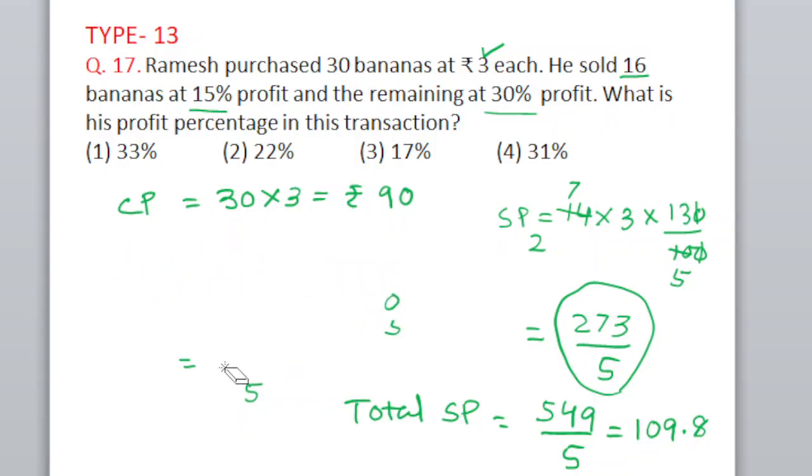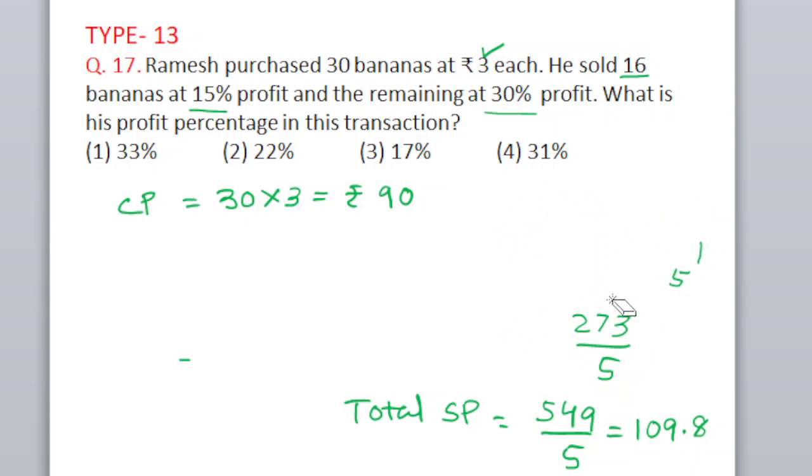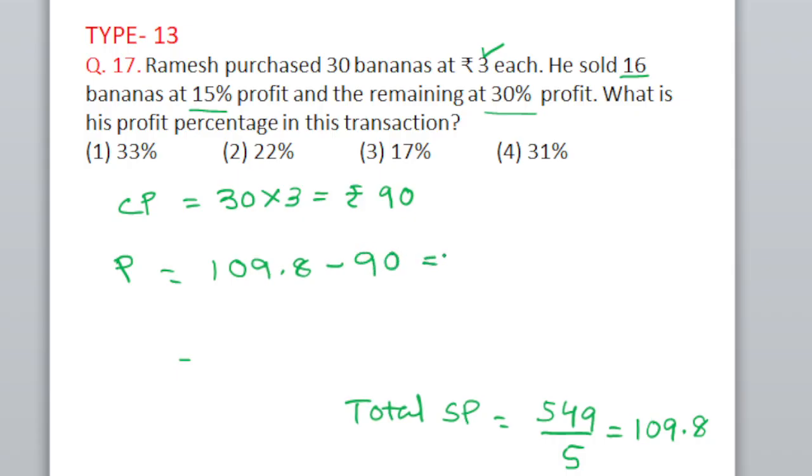Now, as we know that if selling price is more than cost price, that means there is a profit, and that profit is equal to SP minus CP. So that is equal to 109.8 minus 90, so that is equal to 19.8.